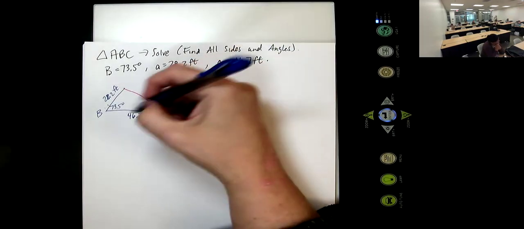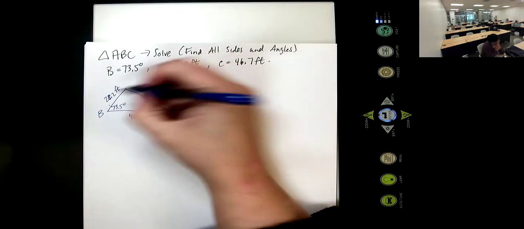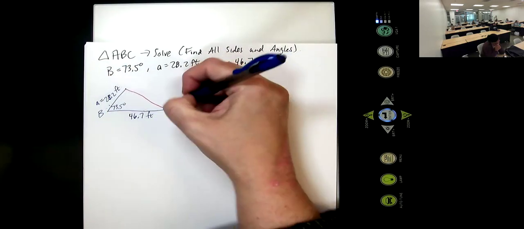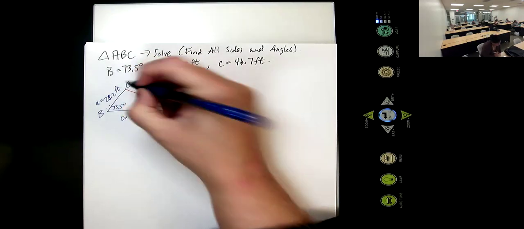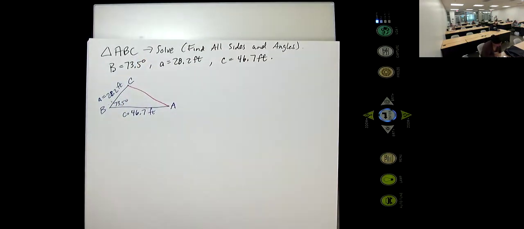If I label these, this was A, so that'll make this angle A. And this was C, so this is angle C. Can I use law of sines here?